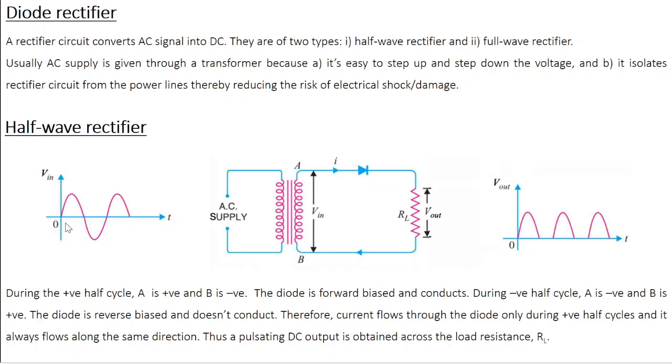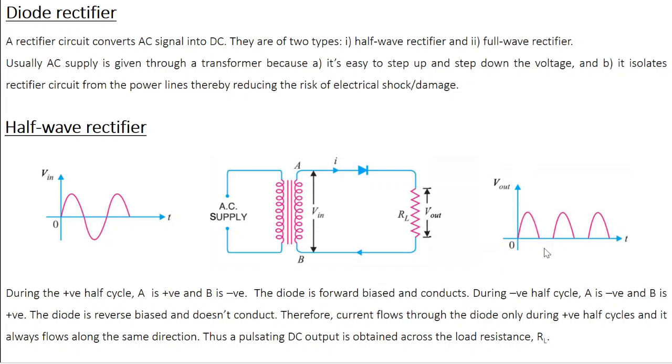So during the positive half cycle of the input signal, point A is positive and B is negative. As you can see, this is the P side of the diode and this is the N side of the diode. So when A is positive, B is negative, P side is connected to positive, N side is connected to negative. In other words, the diode is forward biased and it conducts.